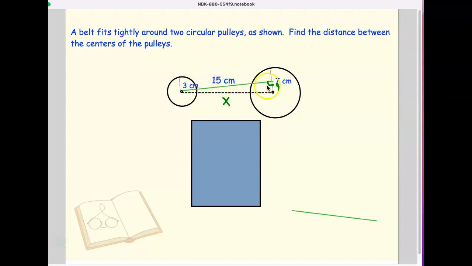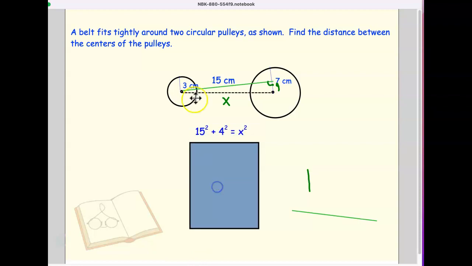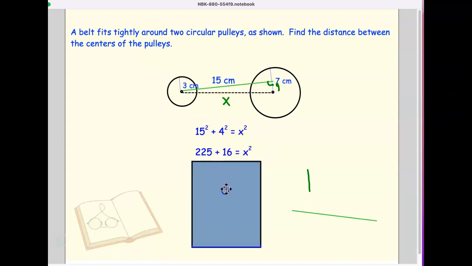So we would set up, notice where the right angle is, so the x would be our hypotenuse. We would say that 15 squared plus 4 squared equals x squared. Then we would do the Pythagorean theorem again, because we know 2 sides of our triangle and we're trying to find the third side, the hypotenuse.